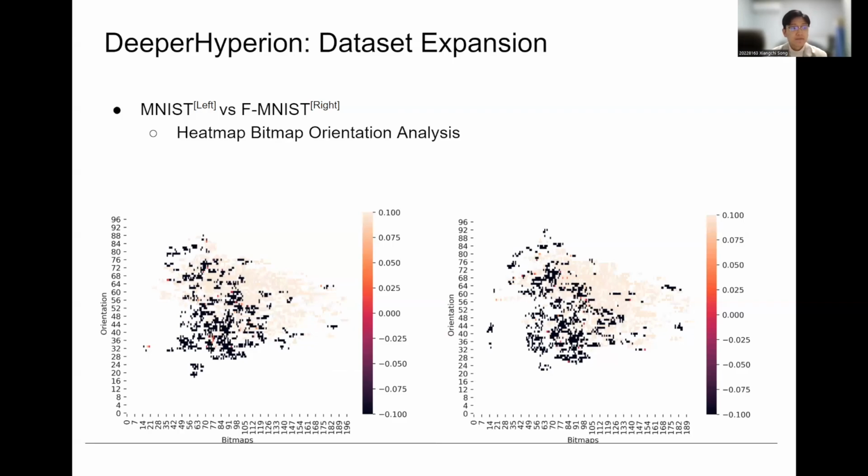This suggests that the model may require better tuning to handle the complexity of the F-MNIST dataset efficiently. Conversely, the MNIST heat map indicates a less dramatic range of performance differences, which might be expected given the relative simplicity of the dataset itself.